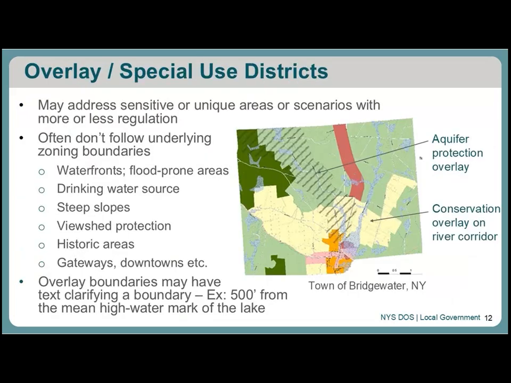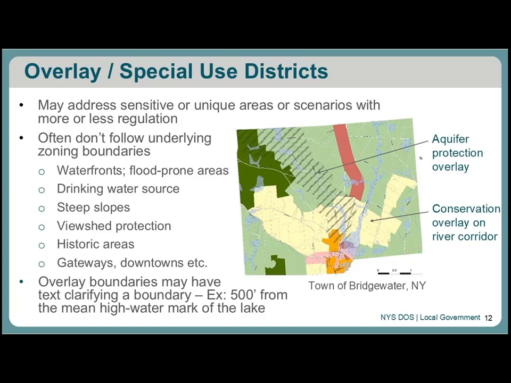Then you might also have places in your community that have sensitive or unique areas, or scenarios where you might want to have more or less regulation. So maybe you have a natural feature that overlaps district boundaries, like a waterfront or a floodplain or steep slopes or an aquifer that's used as a water source.